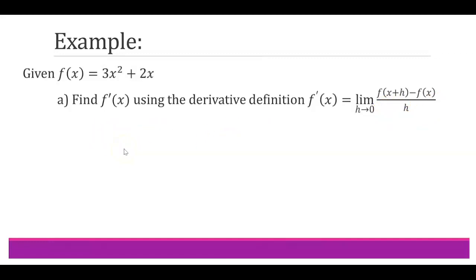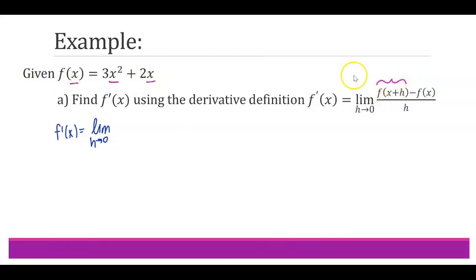So we have f prime of x is equal to the limit as h approaches 0 of, so now here we're going to take a look at the top of the difference quotient, starting with the top left part, f of x plus h. So this part right here, f of x plus h, means that we're going to replace each x in the original function with the quantity x plus h.